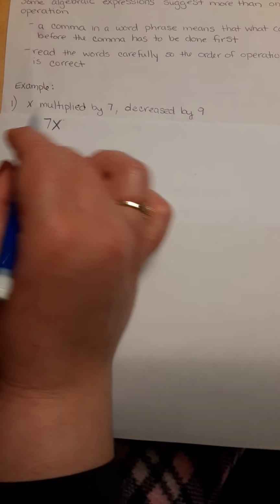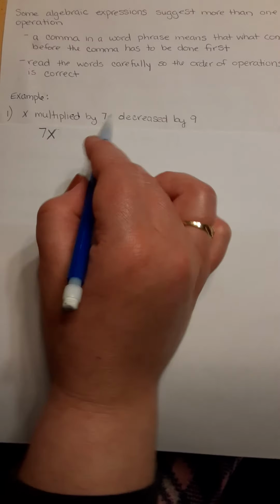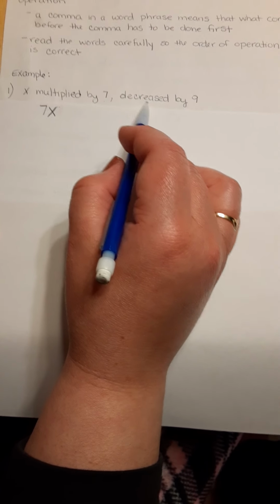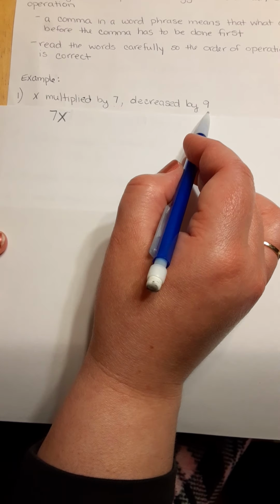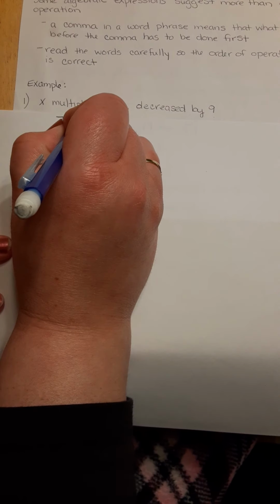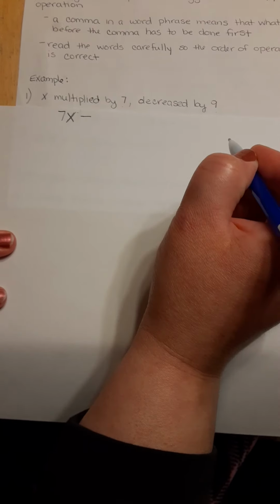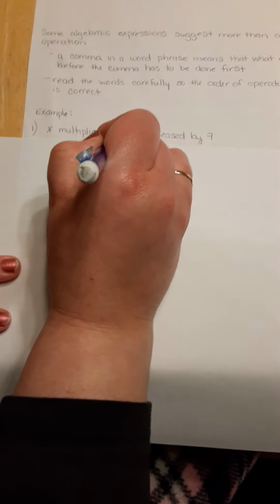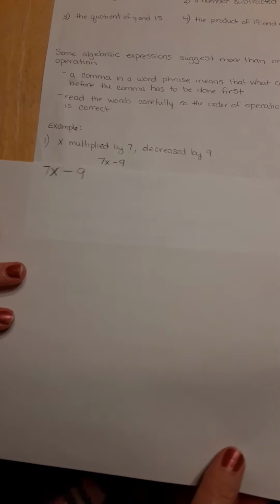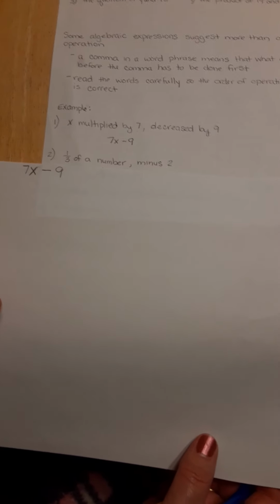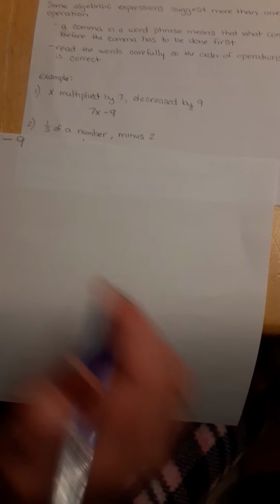I just took care of my first part, x multiplied by 7. Then I go on to decreased by 9, which means I need to subtract, and I subtract the 9. We matched up to our notes there. Good.